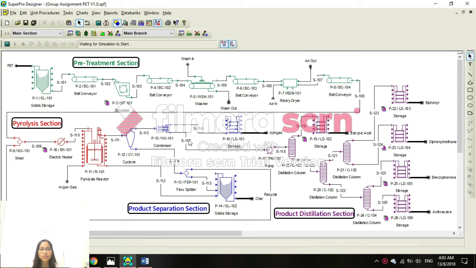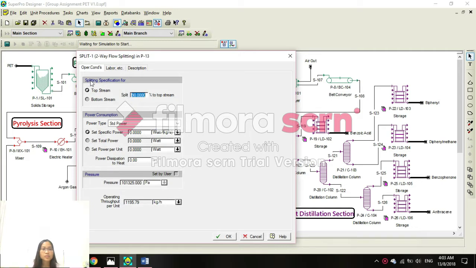The bottom outlet of the condenser is sent to a pump for further processing of liquid pyrolysis oils, and the bottom of the cyclone is sent to a flow splitter. Set the flow splitter splitting specification at 90% to top stream.